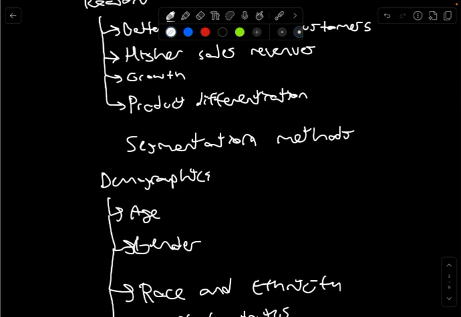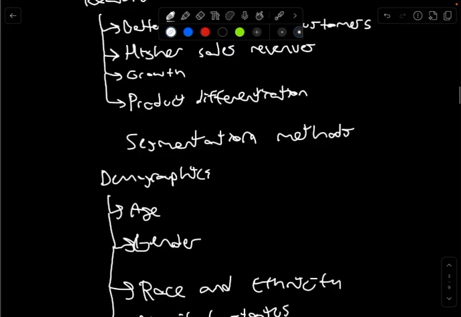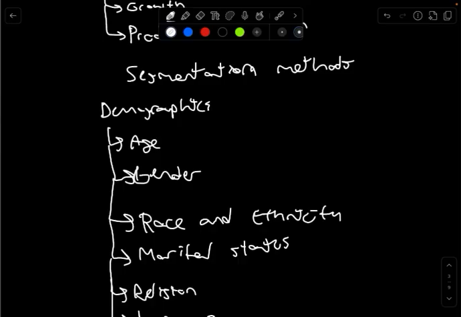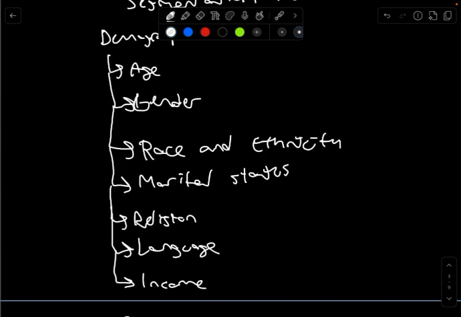So we have segmentation methods. Through these methods, through these criteria, we can separate the market into several groups and then market to each of these. For example, demographic segmentation methods include segmentation by age, gender, race, marital status, religion, language, and income.